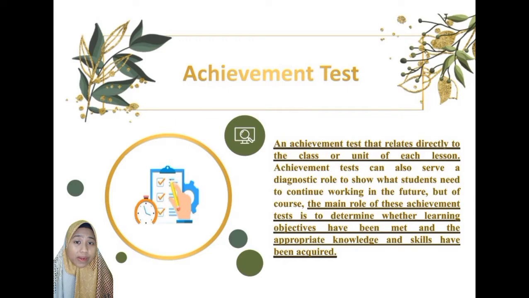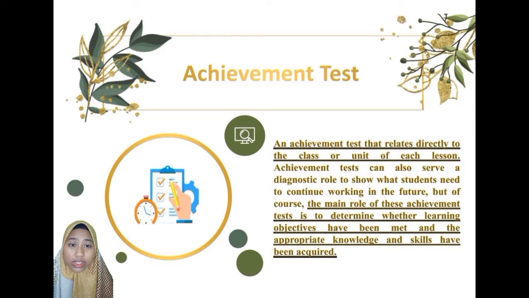After you know about the definitions, the types, and the characteristics, you can move to the achievement test. This is the first material of our group, so let's start. An achievement test relates directly to the class or unit of each lesson.